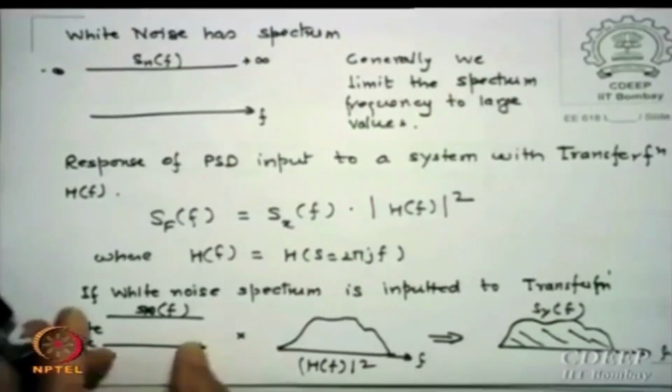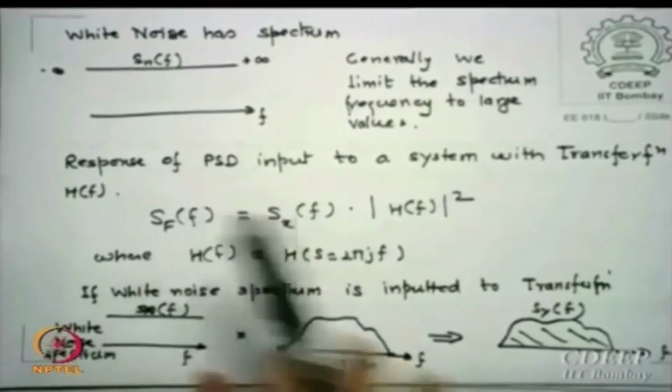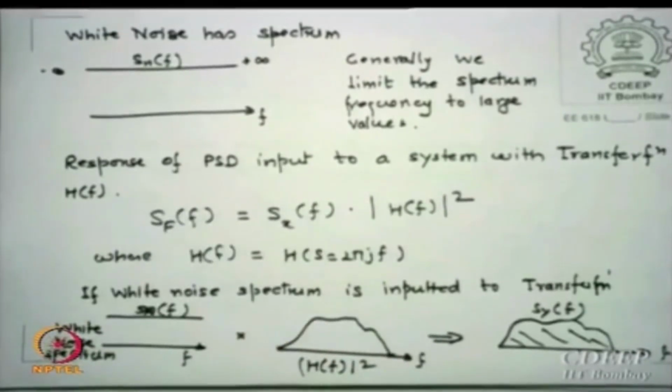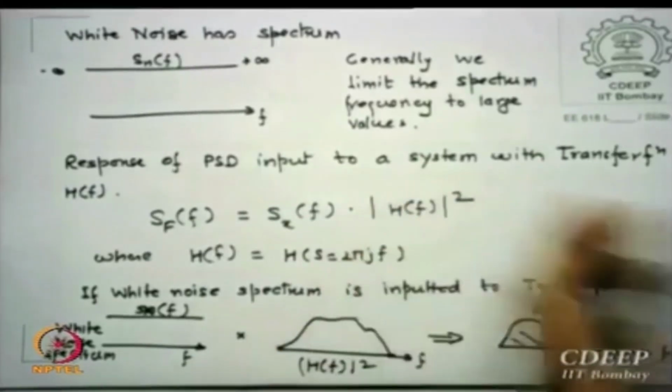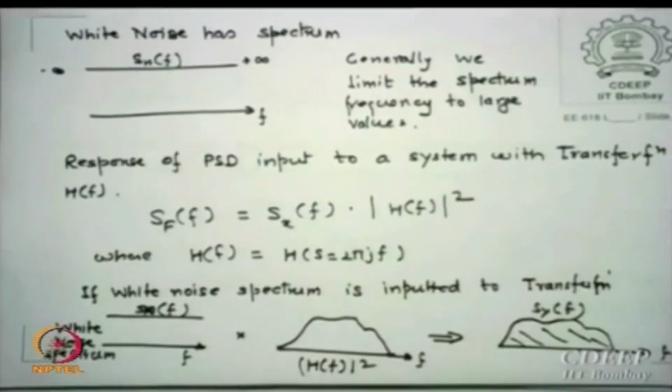That means this noise will get limited in the range of the transfer function. So the choice of transfer function allows me to get a spectral density of my choice. You use this function as you want and white noise will convert into a pattern of your choice. Is that clear? That is the fun part in designing these circuits.